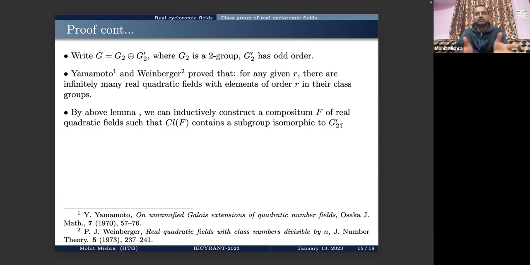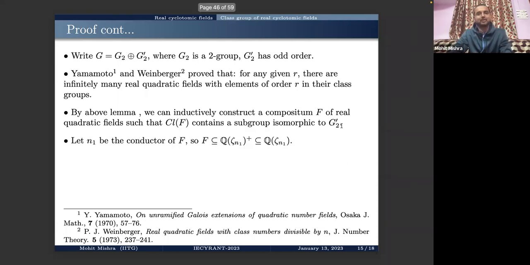Now, since we are taking a compositum of cyclic fields, it will be an abelian number field. So by the Kronecker-Weber theorem, it will be contained in some Q zeta n1. Moreover, since we are taking the compositum of real quadratic fields, it will be contained in the maximal real subfield of this Q zeta n1. Now apply the previous proposition to this theorem.